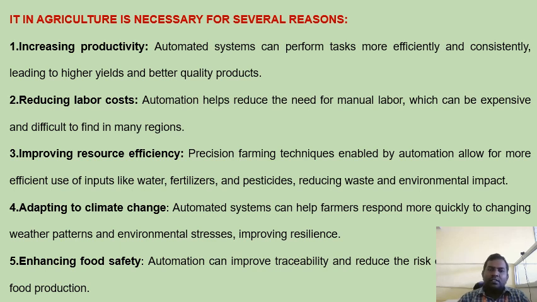Precision agriculture is an information technology related process, and there are various reasons why we rely on it. One is increasing productivity, and the second is reducing labor cost. Third is improving resource efficiency, fourth is adapting to climate change, and fifth is enhancing food safety.